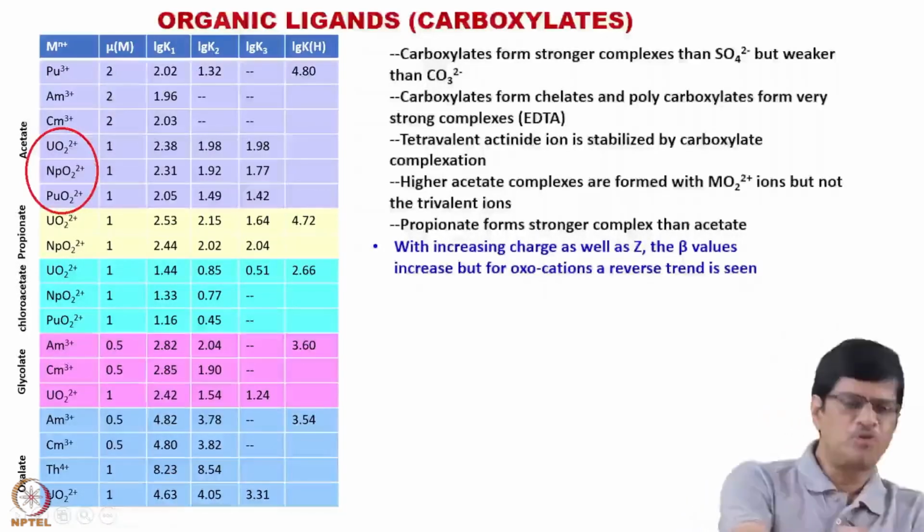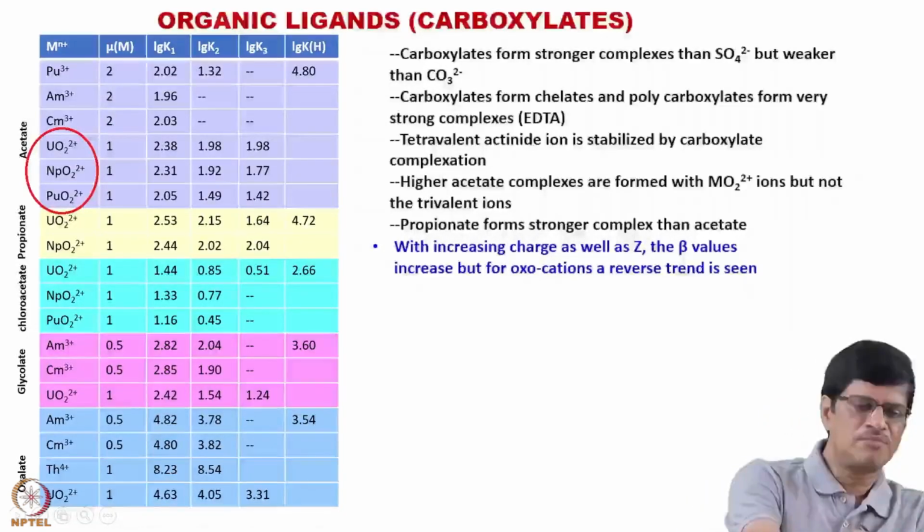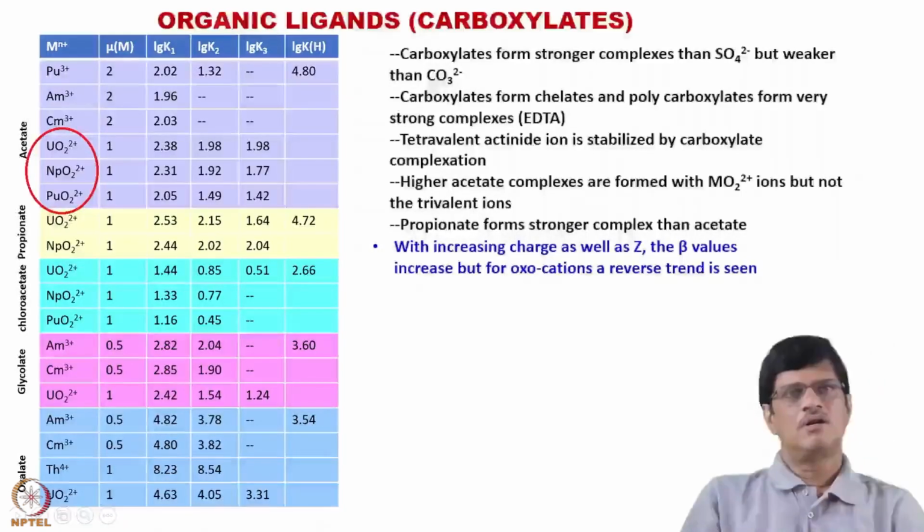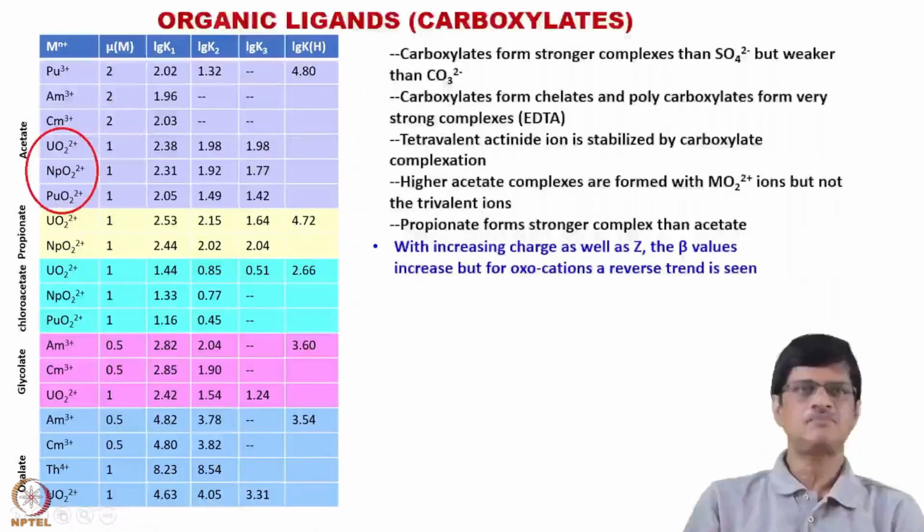For plutonyl ion there is some difference in ionic strength from what we have been studying for uranyl as well as neptunyl ion, that is 1 molar ionic strength. However, as I have mentioned, the ionic strength effect is not that significant. So you can say that going from uranyl to neptunyl, the log K value decreases, and from neptunyl to plutonyl, the log K value again increases.